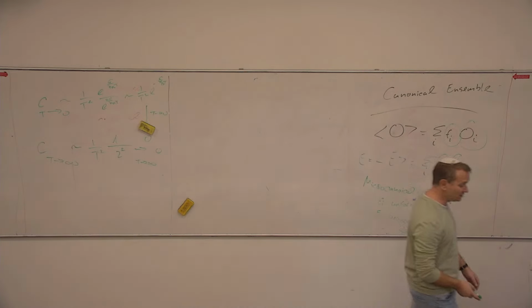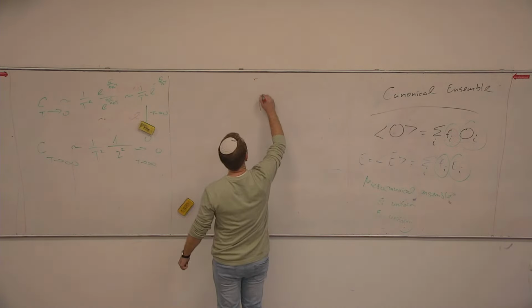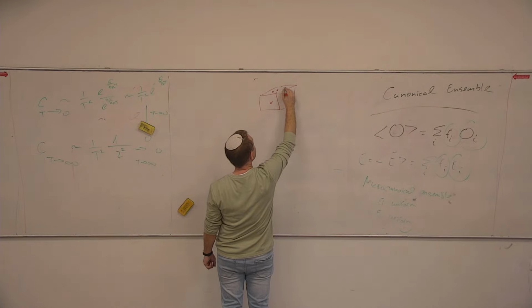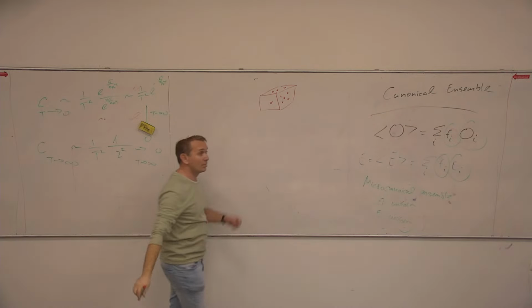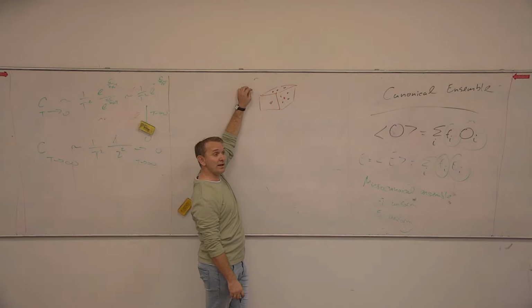So what is conditional probability? Think about the following system. If I have a dice, and I roll it, this is my microcanonical ensemble.